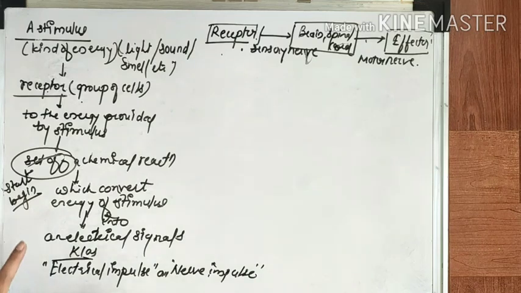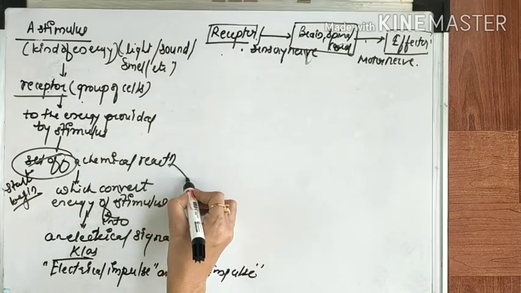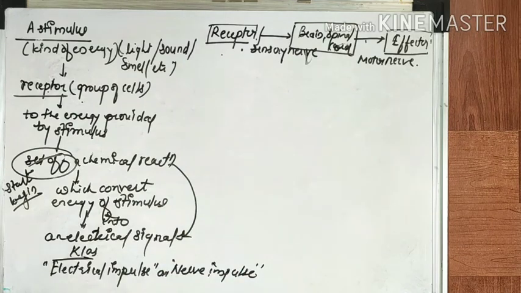So it begins the chemical reactions, and that chemical reaction converts the energy of the stimulus into an electrical energy. It means chemical energy gets converted into an electrical signal, and that electrical signal is known as electrical impulse or nerve impulse or simply impulse. Okay, fine.